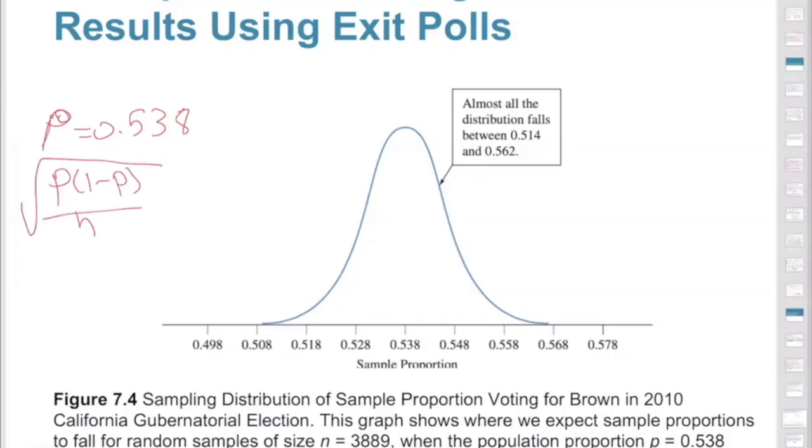The standard deviation in this case will be the square root of 0.538 times 1 minus 0.538, divided by the sample size 3,889.